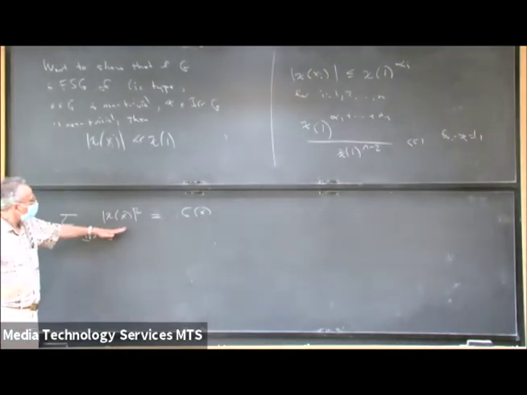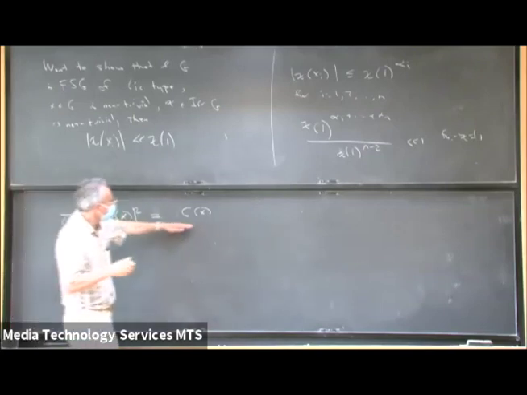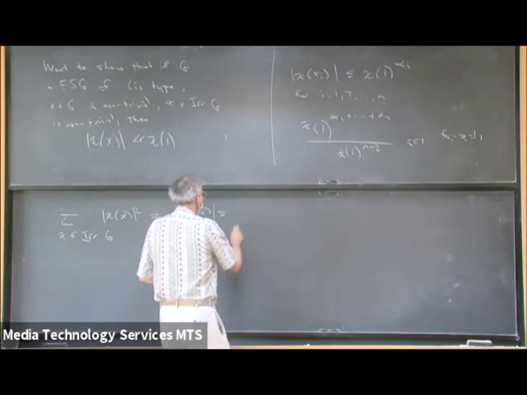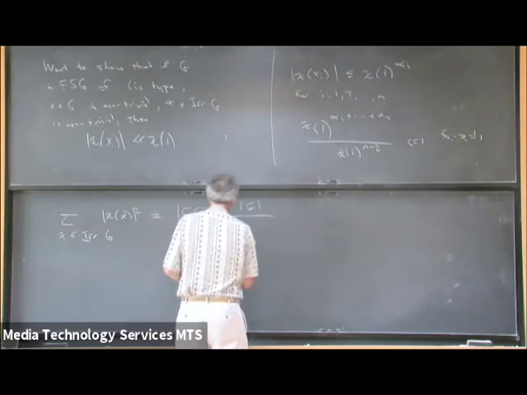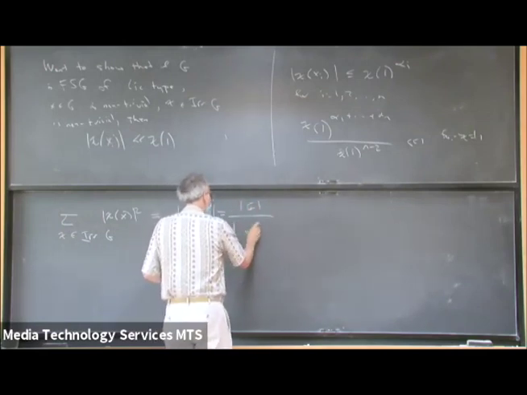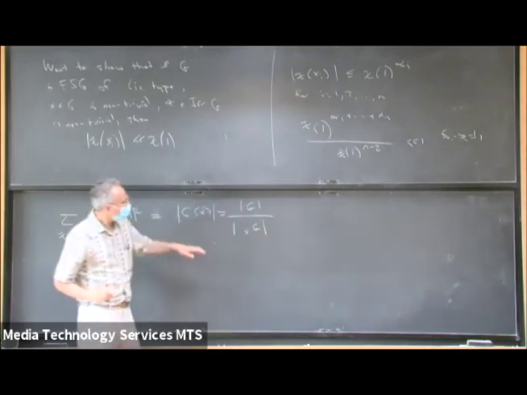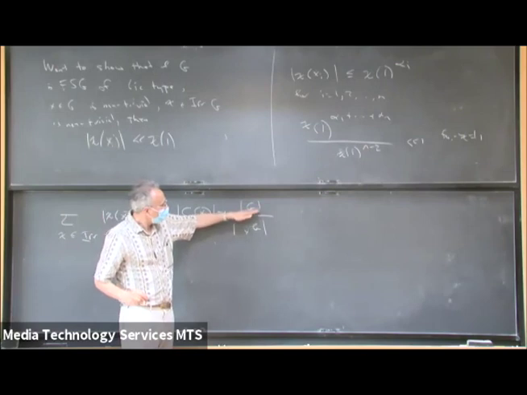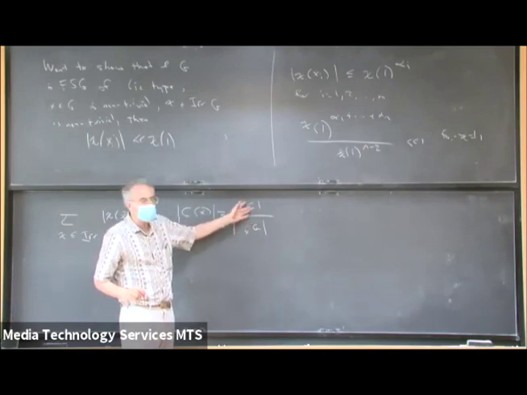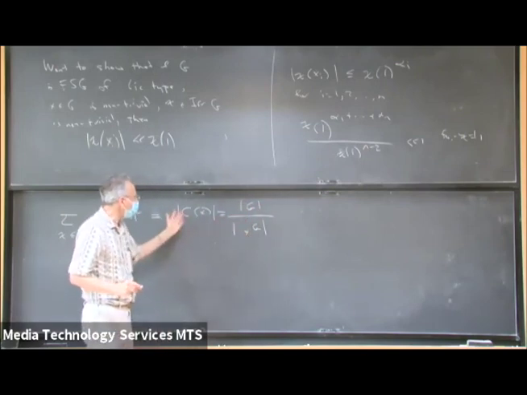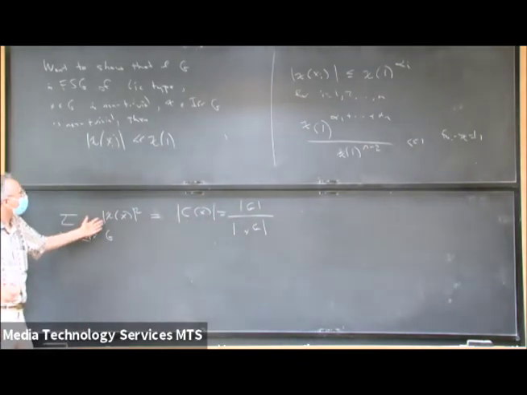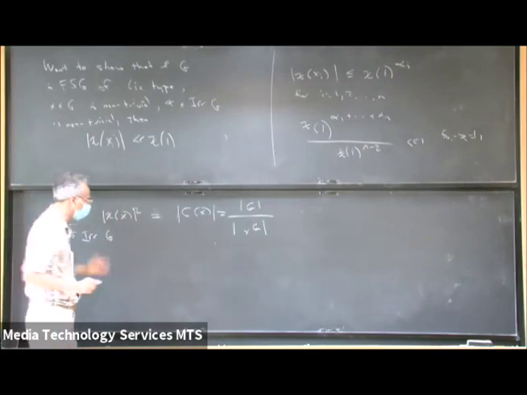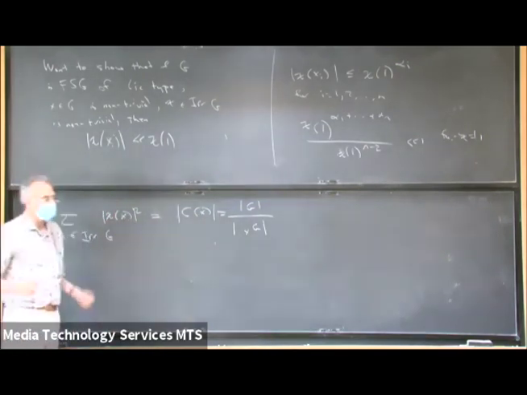And the order of the centralizer of x is the same thing as the order of G divided by the order of the conjugacy class of x. So if you know something about the dimension of the conjugacy class of x, and you know the dimension of G, this is something like q to the power of the codimension. So it seems like, at least on average, you're getting a bound of this strength. And it's of course a kind of weighted average, but you could hope that something like this is true.